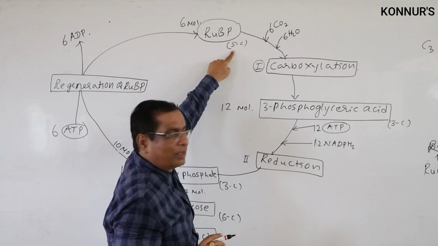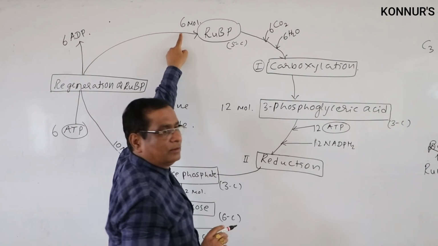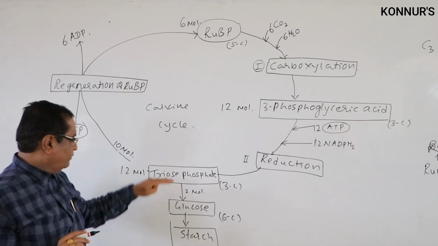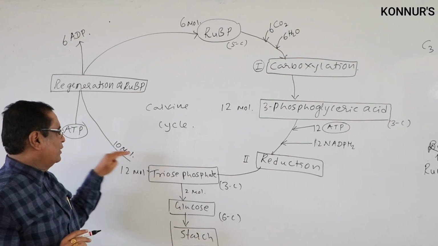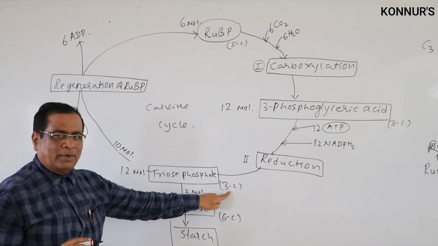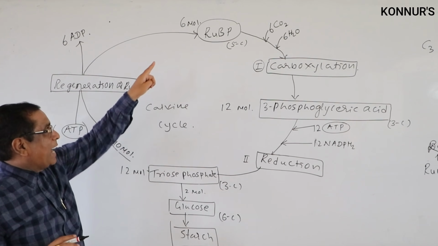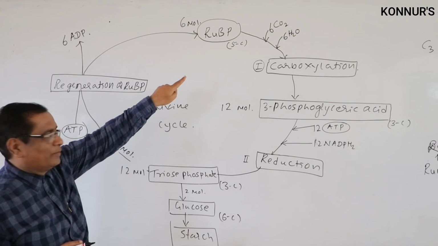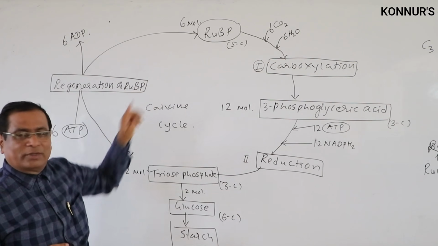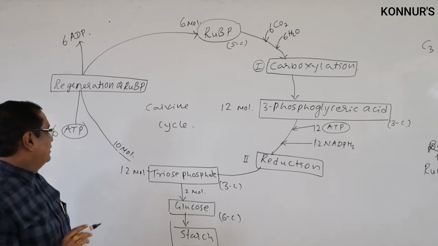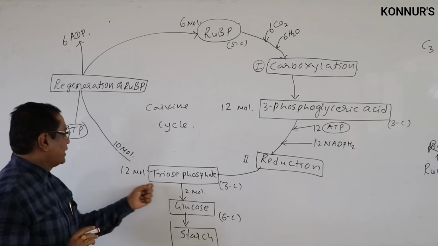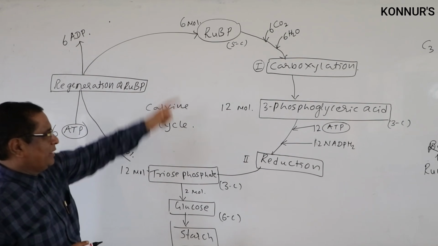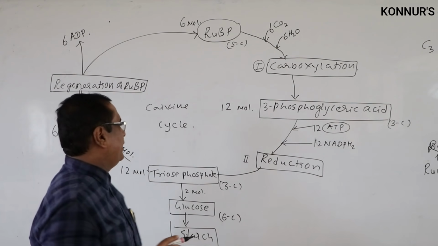They are 5-carbon compounds. 5 into 6, 30 carbons. 10 molecules with 3-carbon compounds, they are 30, and 6 molecules with 5 carbon, 30 carbon atoms as well. So from 10 triose phosphate, there is a regeneration of 6 RuBP.